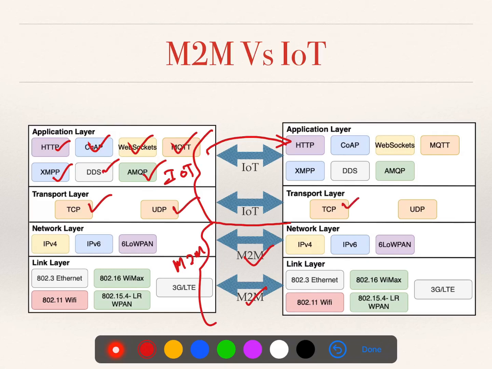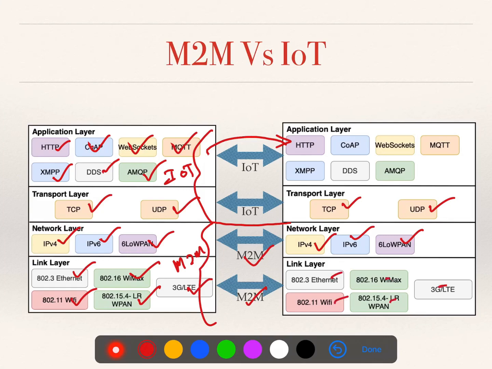Again they can talk to TCP and UDP. In the network layer we have IPv4, IPv6, 6LoWPAN. Here also we have IPv4, IPv6 and 6LoWPAN. So here we mainly deal with M2M, machine to machine communication. Then finally, in the link layer and the physical layer at the bottommost layer, we use either Ethernet or Wi-Fi or low data rate WPAN or WiMAX or 3G LTE. The same way we can use it here.